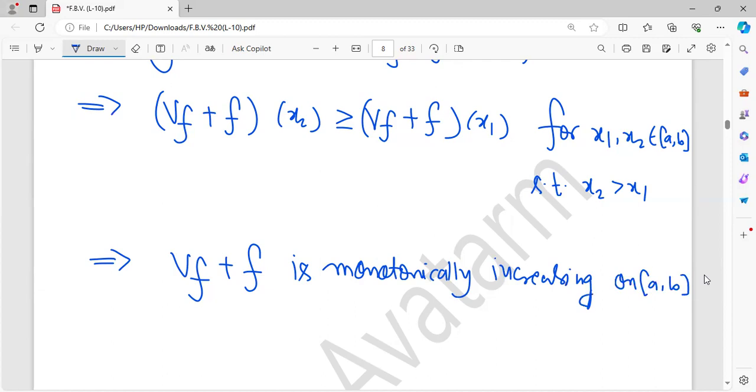Monotonically increasing on [a, b]. Now taking the minus sign in 1.